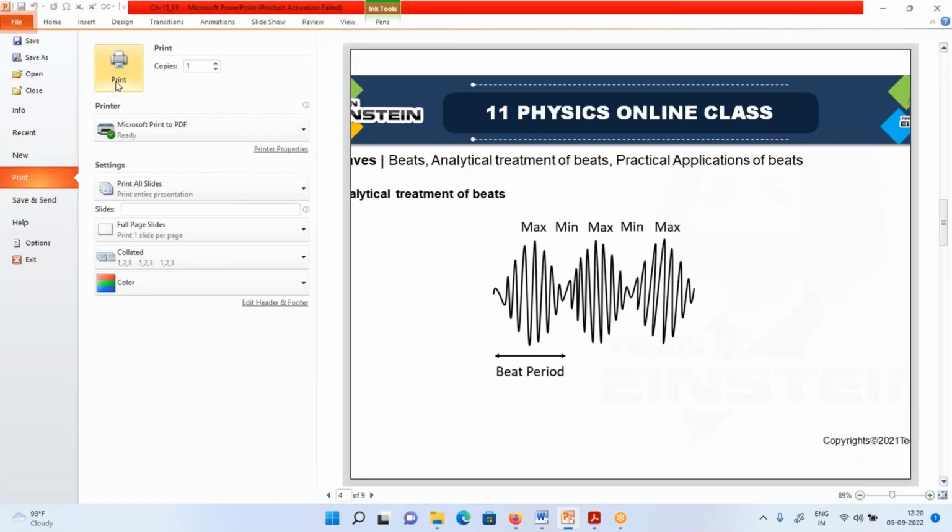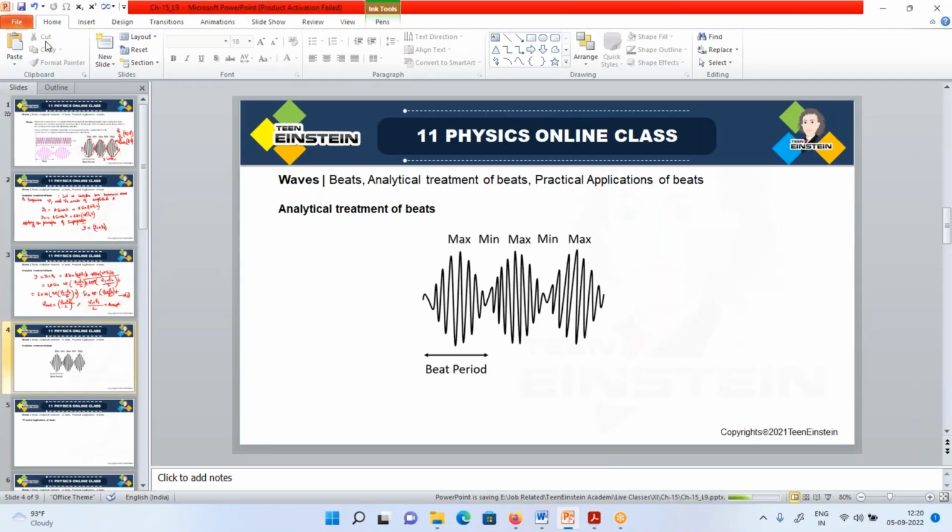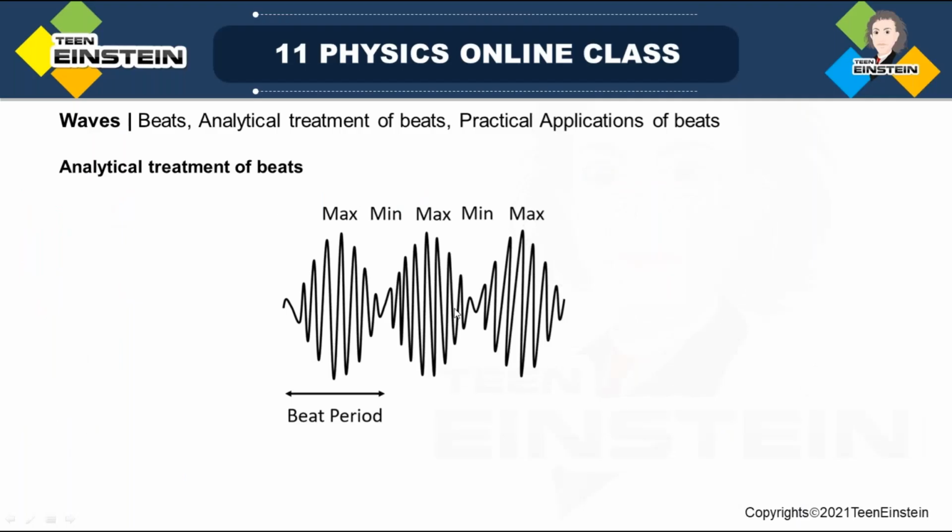It is acting as kind of beats. Actually, it has two things. One is the intensity variation, and another thing is the period. So in this, you can see I have waves with very largely varying frequencies. So this is actually nu average.